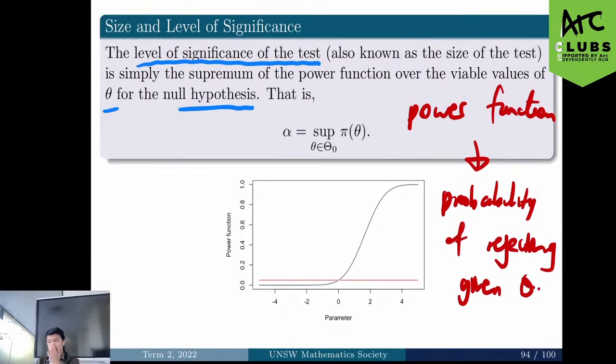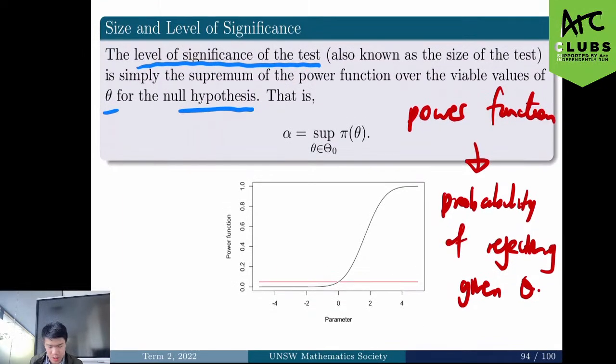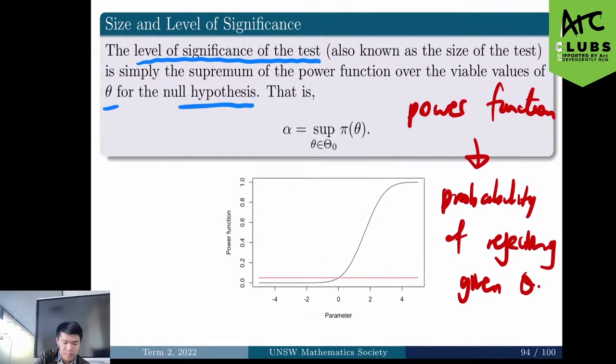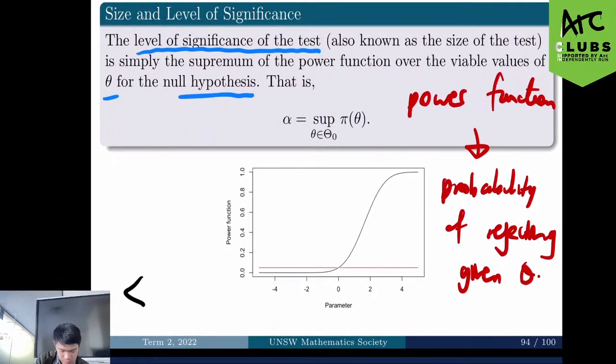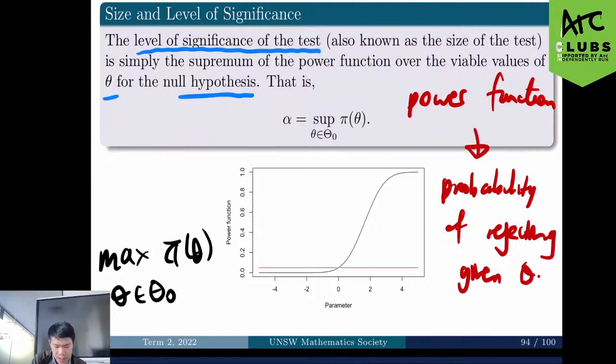And that's really similar to the concept of level of significance, because level of significance is basically the probability that we want of rejecting the null, right? Given that the null is true. So basically what this definition is saying is we want the maximum value of this power function to be less than the level of significance, right?